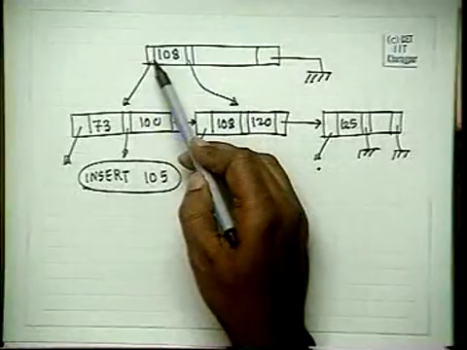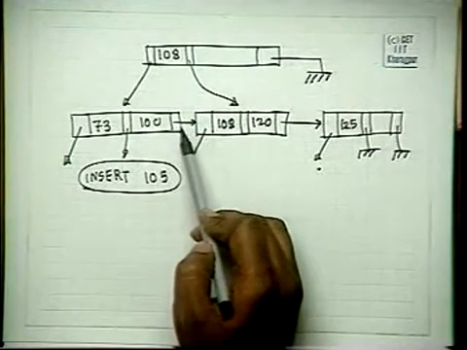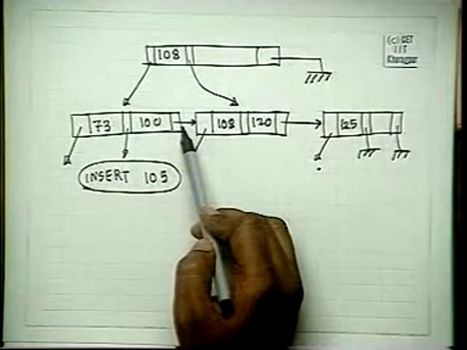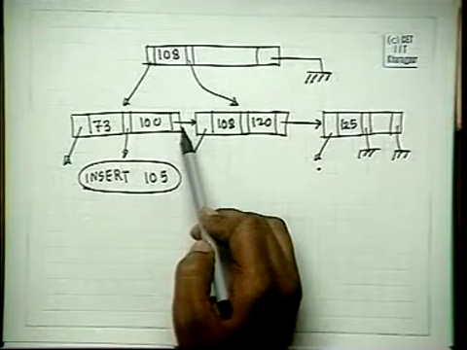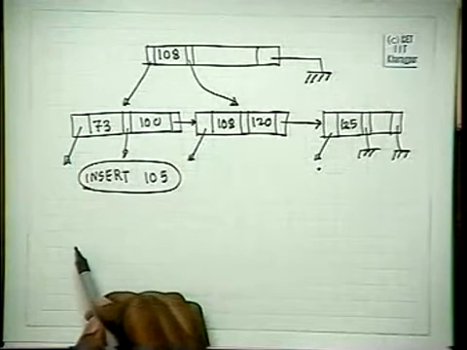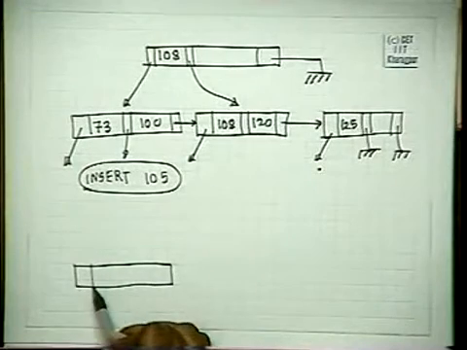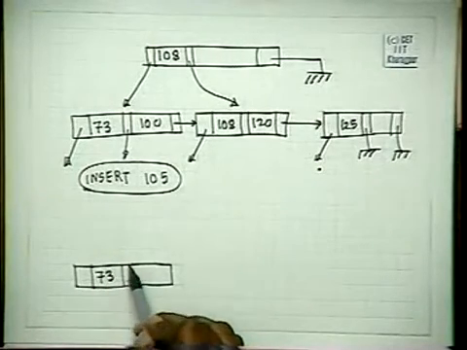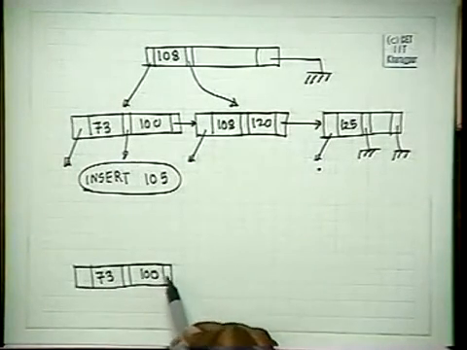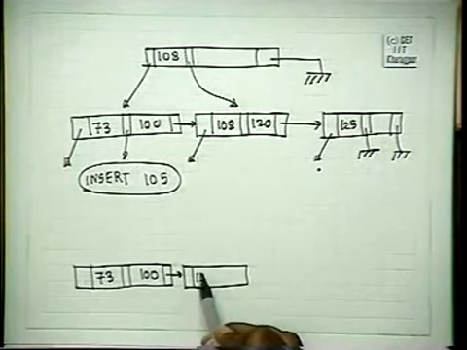Now where does 105 occur? 105 will occur here, less than 108, so it will come here. And I have to introduce 105 here. So I will leave this as it is, 73, 100. I will definitely put 105 here.